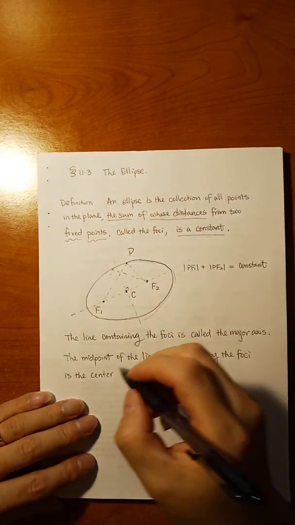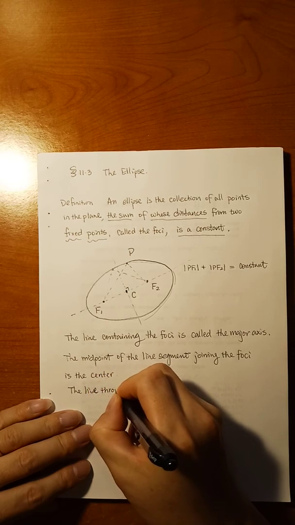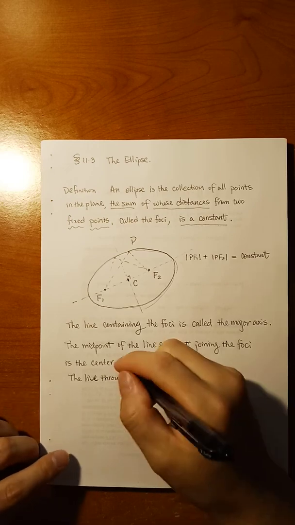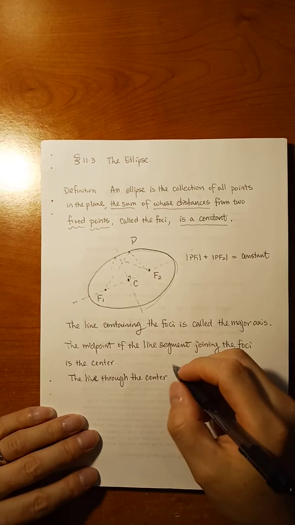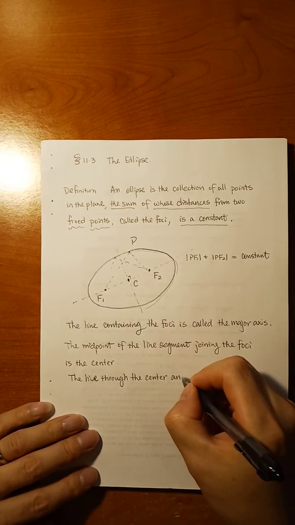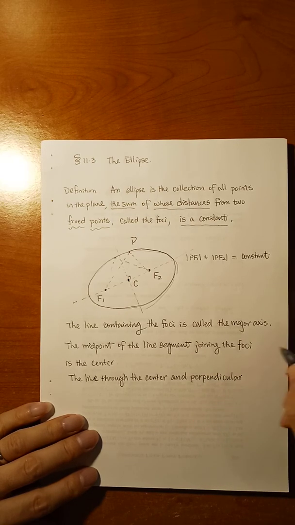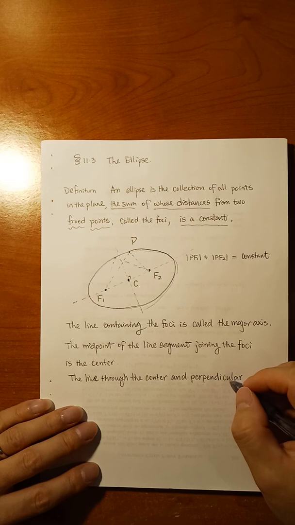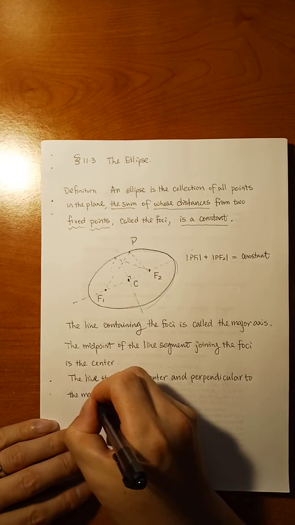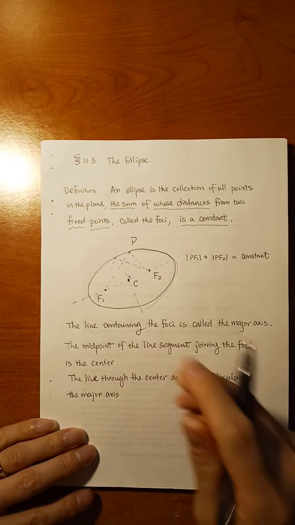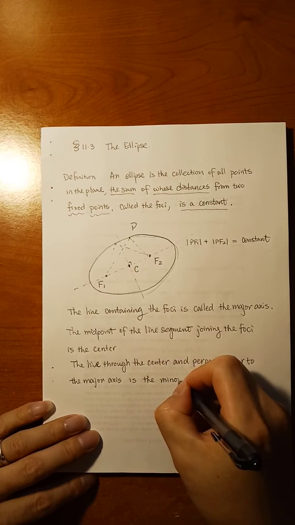The line through the center and perpendicular to the major axis is the minor axis.